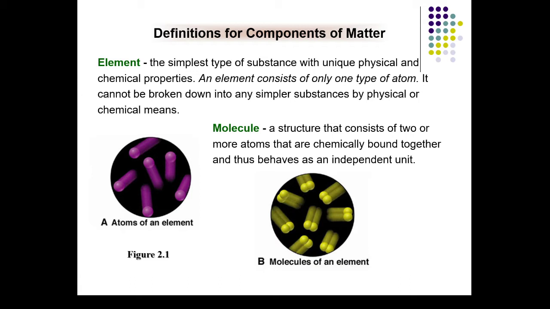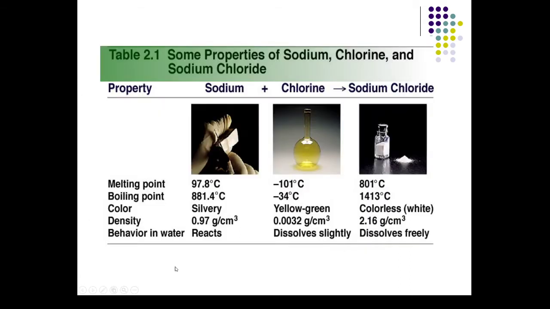It's the arrangement and the number of protons and the electrons and the neutrons that give an element its properties. So, yes, there's smaller matter inside the element, but the atom of the element as a whole is the smallest type of matter that has unique chemical and physical properties. Molecules, when they form, behave as independent units and move around.